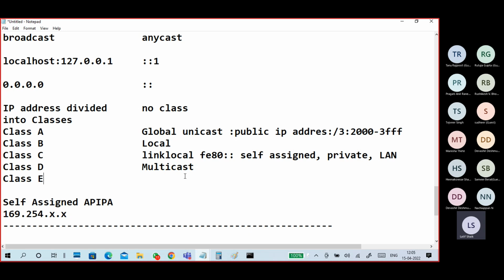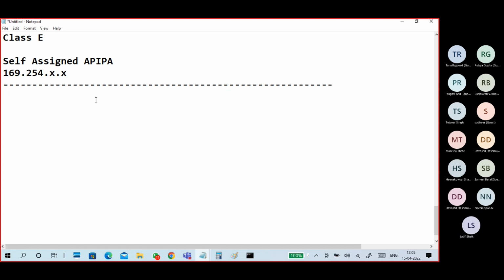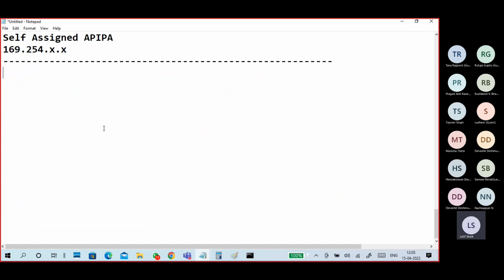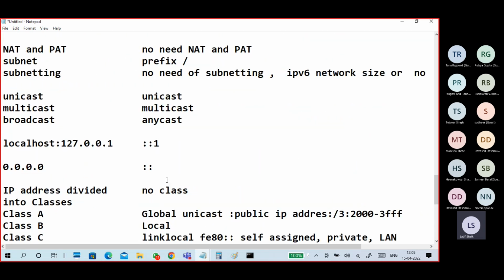Global unicast is directly a public IP address type, and link local is a self-assigned private IP address that works within the LAN network only. On every NIC where IPv6 is enabled, an IPv6 link local IP address will automatically be there. In IPv4 we have the self-assigned APIPA. So that's your difference between IPv4 and IPv6, and a small introduction to IPv6 is done.